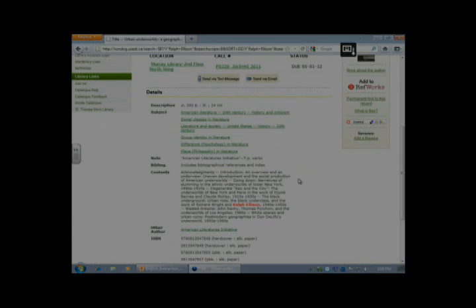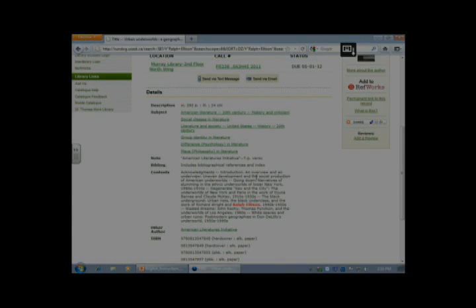So again, if you're looking for synonyms, related terms, your research isn't going anywhere, but you found this one book, you can go and look at the table of contents, see that there is an article or a chapter that involves Ralph Ellison here. His name is highlighted in red, because the system does that for us. It says, hey, look, I found your search term, and I've highlighted it for you so you can see where it is on this page.